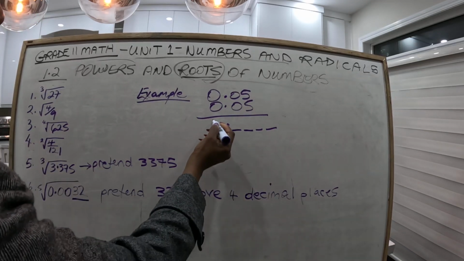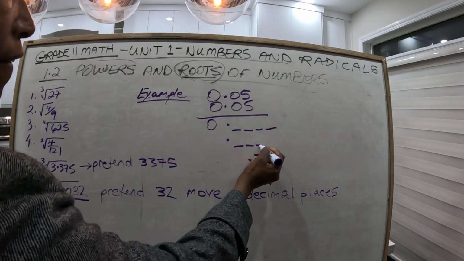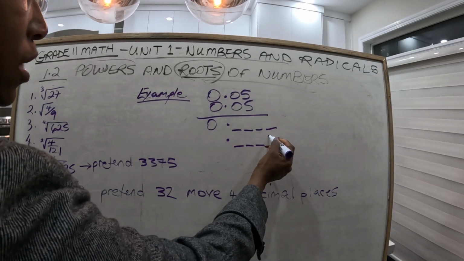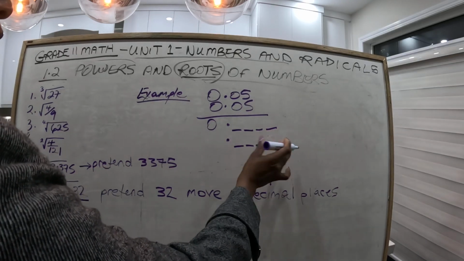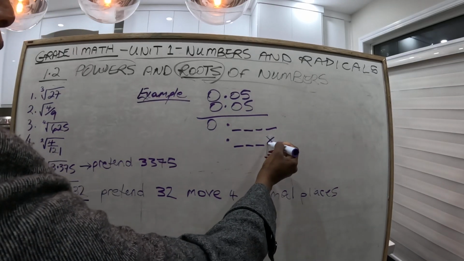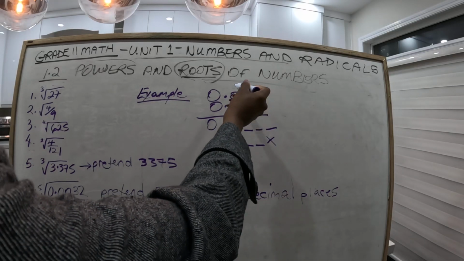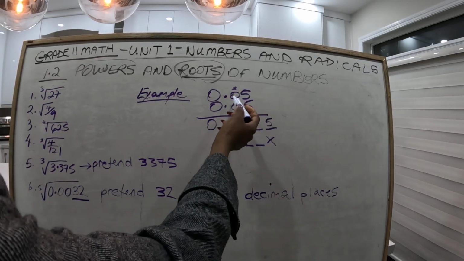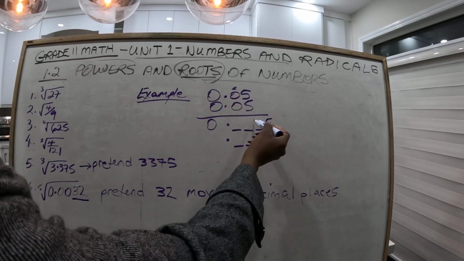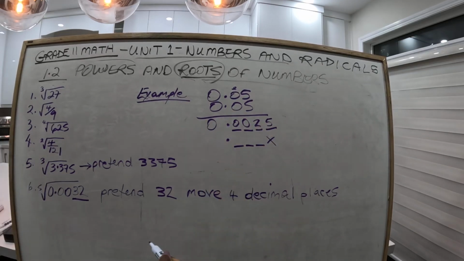And then the second stage, we will have 3 decimal places. And nothing will be here. So I can just put an X. So I would say 5 times 5 is 25. 5 times 0 is 0 and then 2. Then I will fill it up with this space.